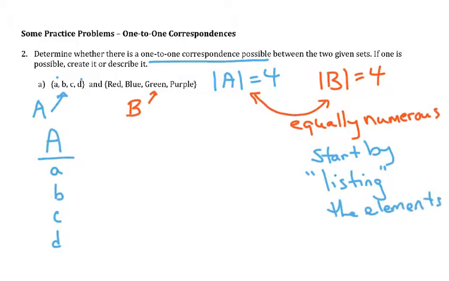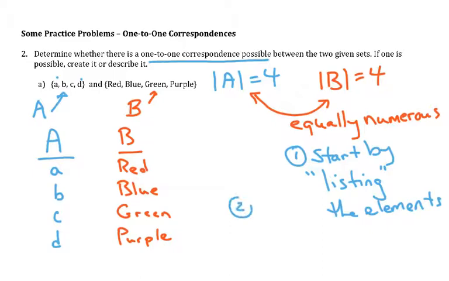So I've listed the elements in A. Now I'll list the elements in B. The elements in B are these words. Don't let that confuse you. The set B contains 4 words. Now, the next thing we do is pair them. So step 1 is list.